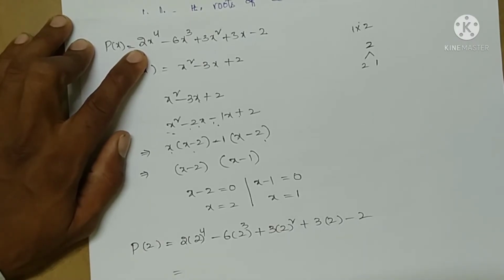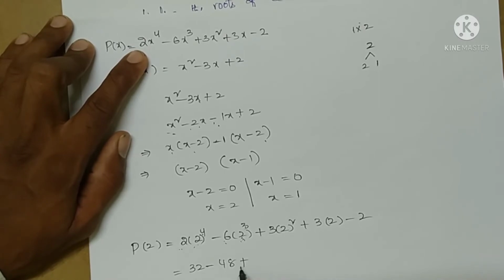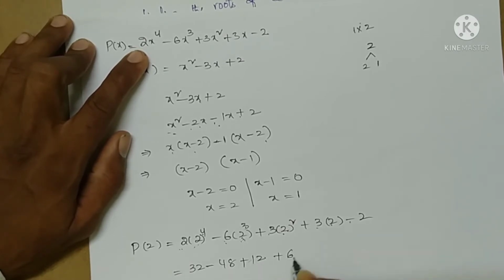So 2 into 2 power 4 means 16 2s are 32, minus 6 into 8, 6 8s are 48, plus 4 3s are 12, plus 3 2s are 6, minus 2.